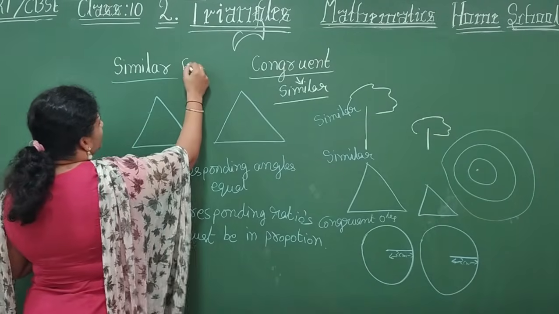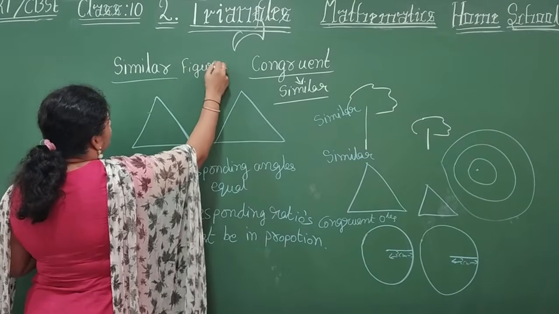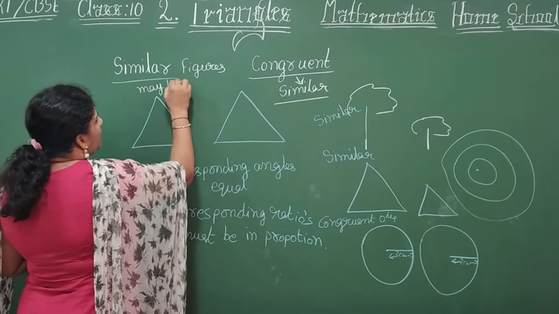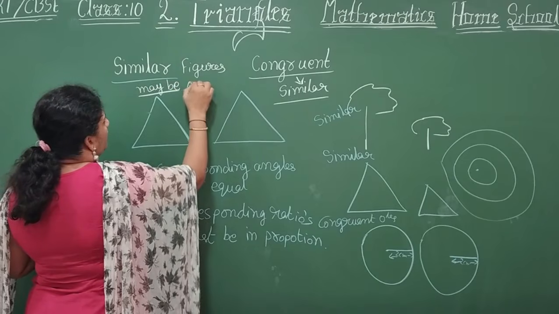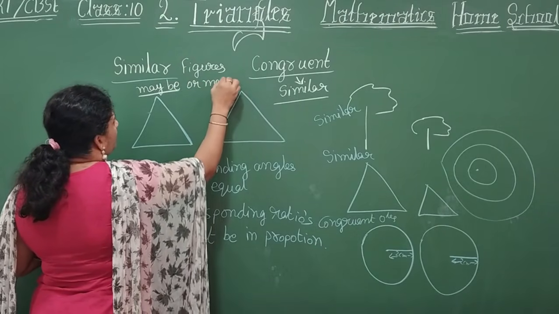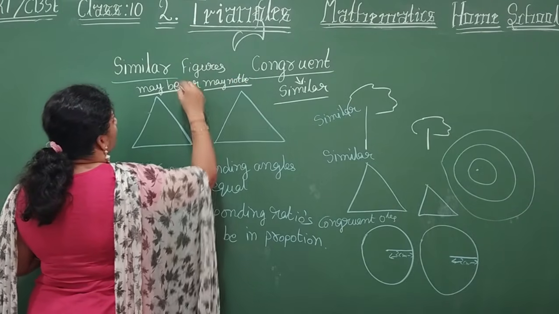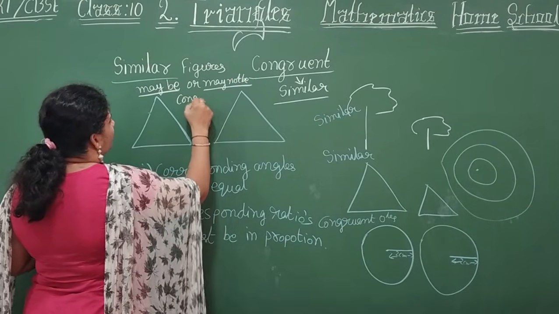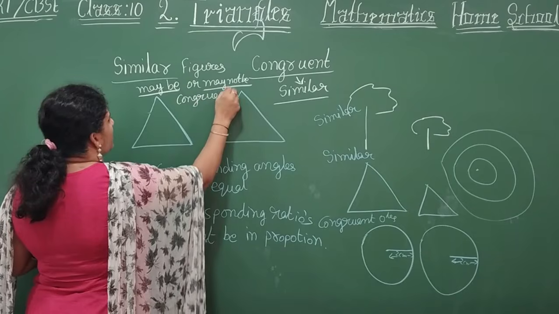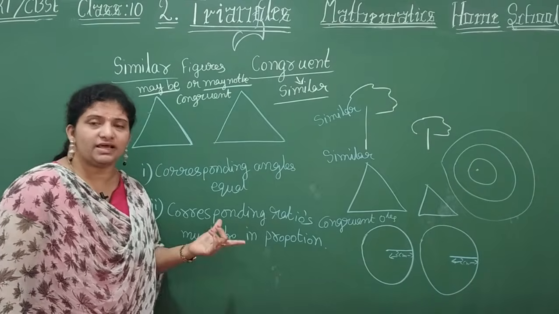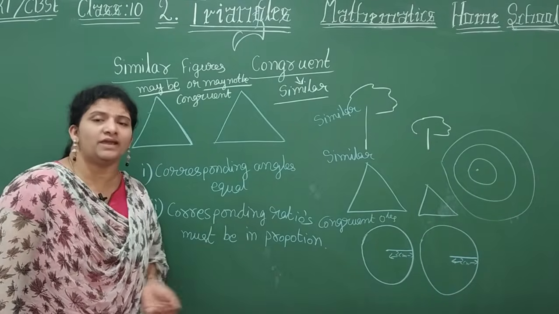Observe here, children. All similar figures may or may not be congruent. Sometimes some figures may be congruent, but there is no rule that they must always be congruent.